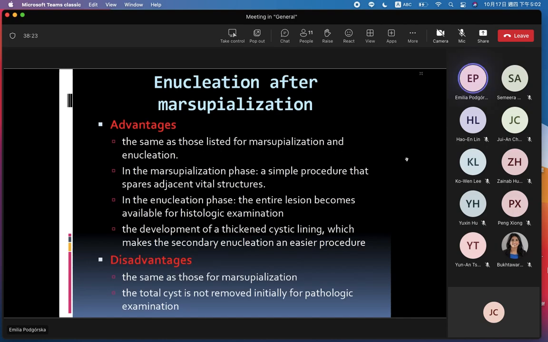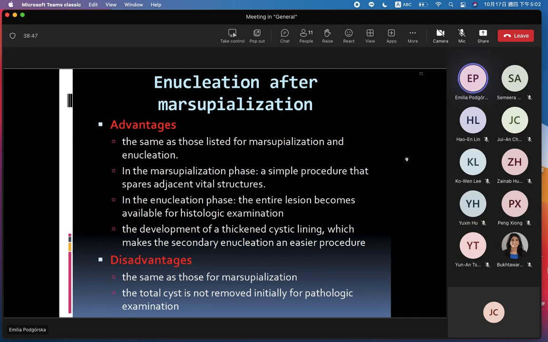Its advantages are the same as those listed for marsupialization and enucleation. In the marsupialization phase, a simple procedure that spares adjacent vital structures. In the enucleation phase, the entire lesion becomes available for histologic examination.